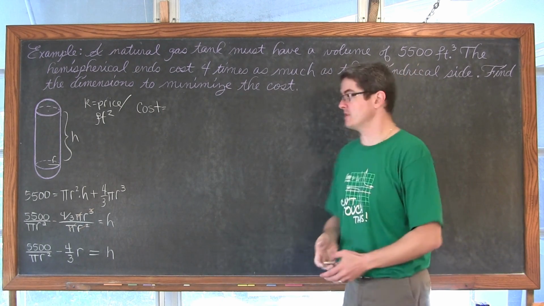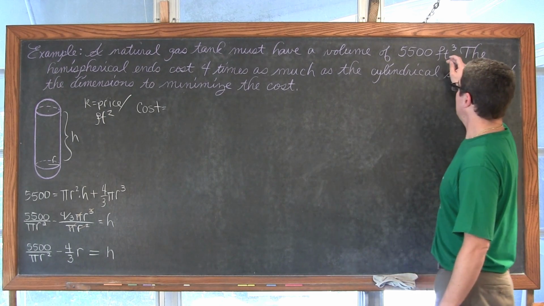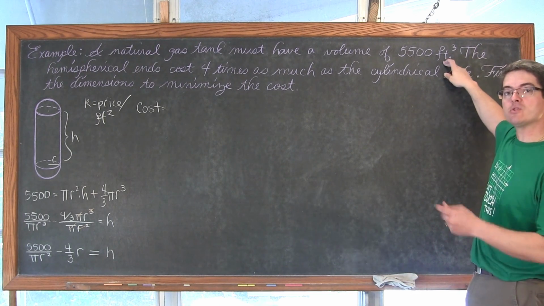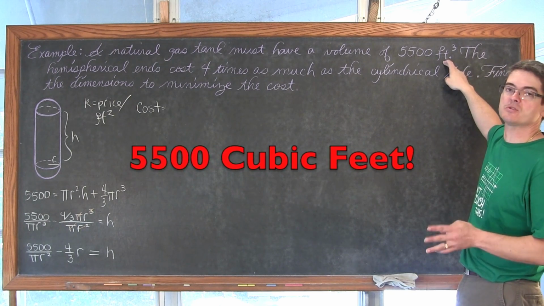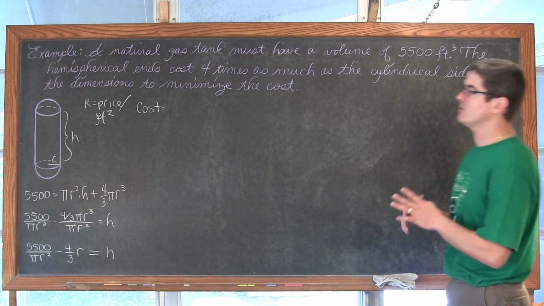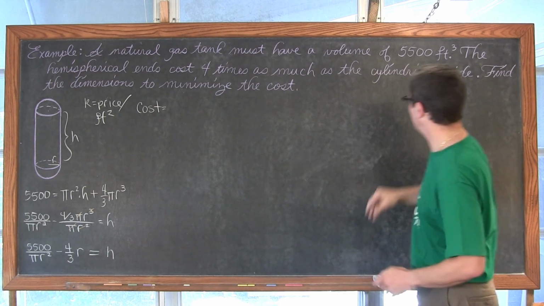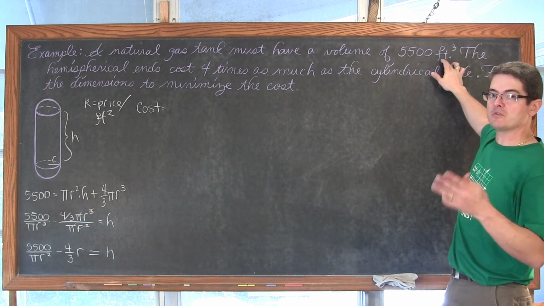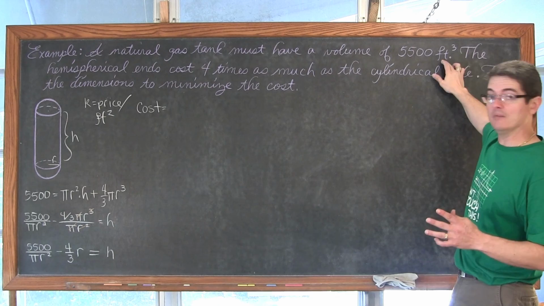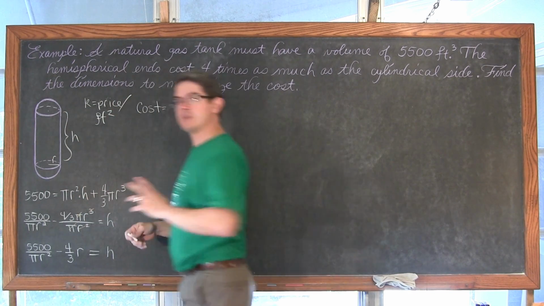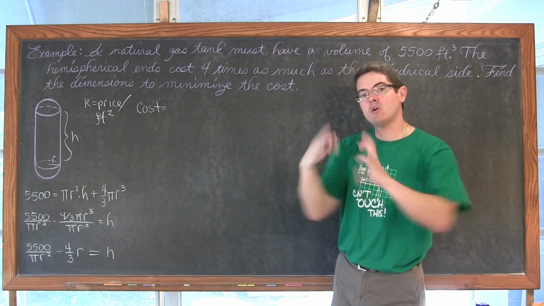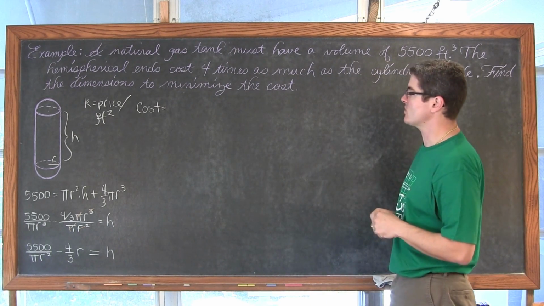Well, our cost function. Now, the tank is being maintained at 5,500 cubic feet. So let's just assume that the material for the outside is being sold just for conversational purposes as square feet. The metal is around the outside, so it's basically representing the surface area of this tank holding the volume inside, which is the natural gas.